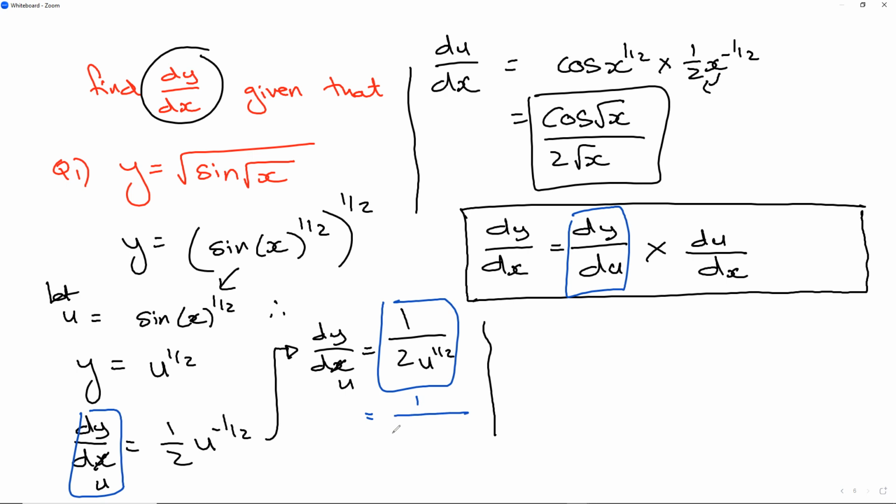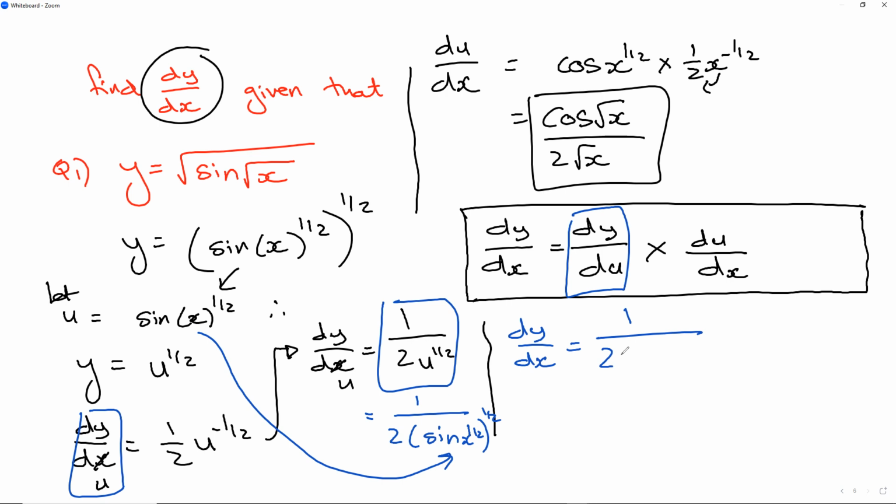Which I can finalize now, because this is 2 times sine x to the power of half, but it's u to the power of half. Maybe I should have kept it in fraction form, it would have been easier, but I'm going to bring it in anyway, like this, just for convenience of viewing.